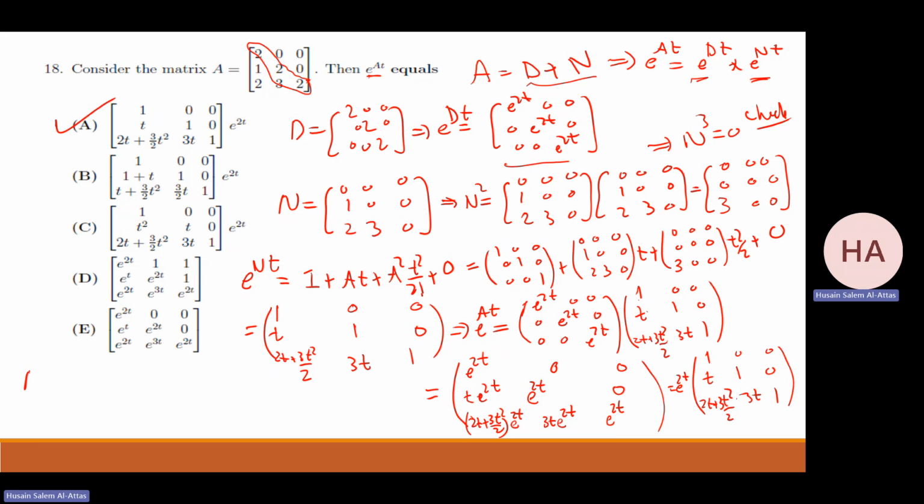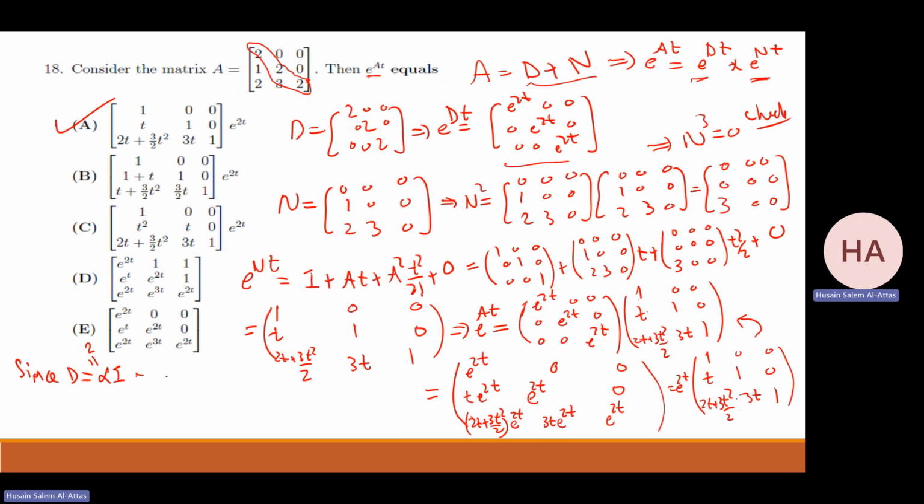Actually, you can work this out since D equals alpha I, where alpha equals 2.